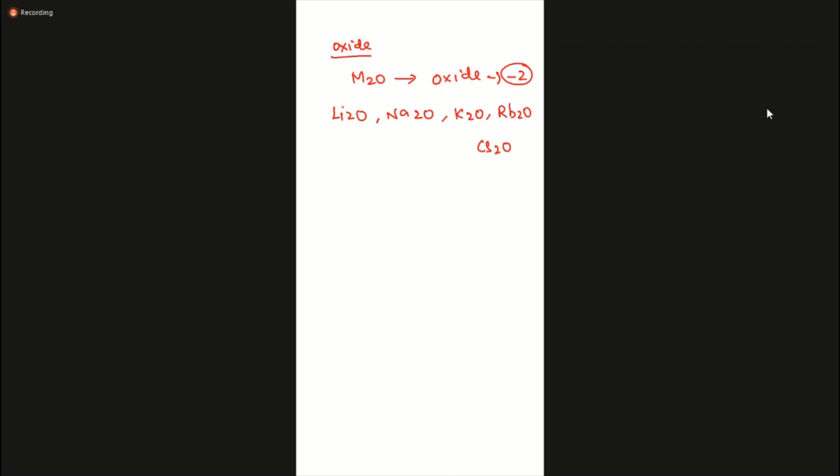This type of oxides will form: lithium oxide, sodium oxide, potassium oxide, rubidium oxide, cesium oxide. Here oxygen oxidation state is -2 in each. For two lithium, each lithium has plus one oxidation state. For two sodium plus two, each sodium has plus one oxidation state. So this is the general formula for oxide.